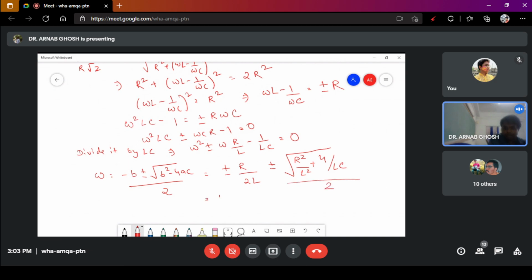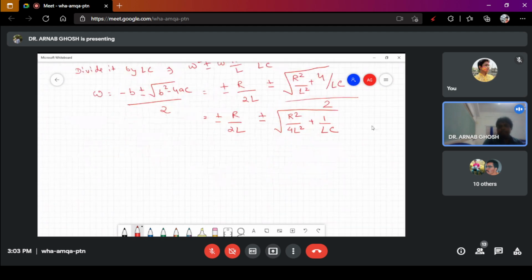So this is becoming plus minus r by 2l plus minus root over r square by 4l square plus 1 by LC. So this is the expression for omega. These are the two roots of omega.